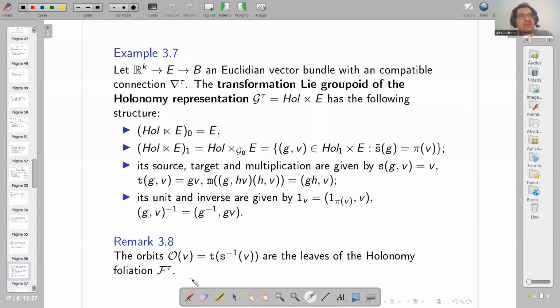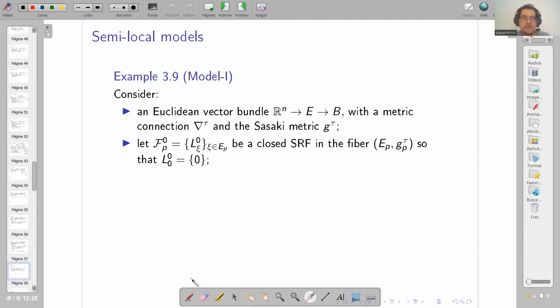It illustrates infinitesimal homogeneous foliations, and illustrates the Lie groupoid that appears naturally in Riemannian geometry, the transformation Lie groupoid of the holonomy representation. Sorry for that, that is the name of the thing. But the point is the leaves of the holonomy foliations are in fact orbits, okay? And now finally we can start with our semi-local model.